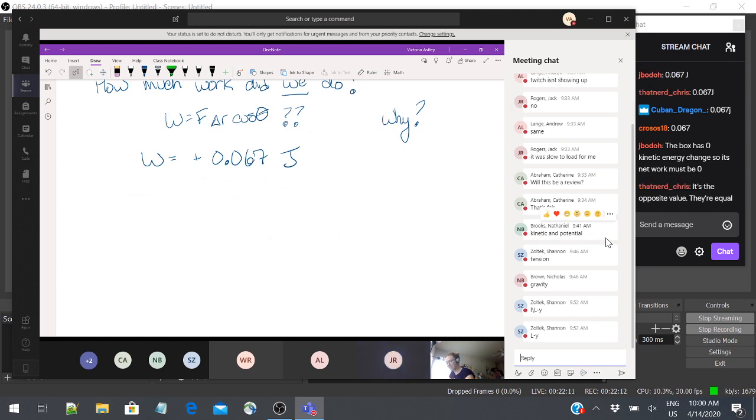Zero kinetic energy change, so our net work must be zero. So that must be the sum of the work done by all the forces. Us. So it has to cancel out. Good. Excellent.